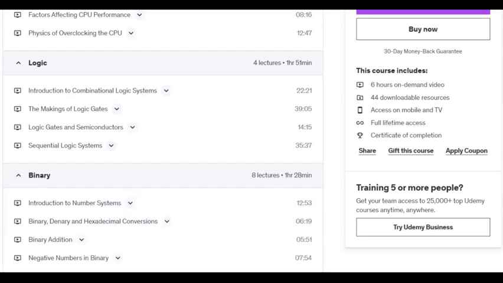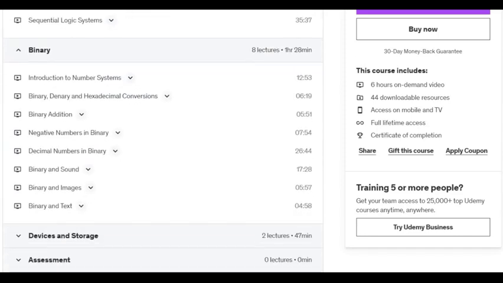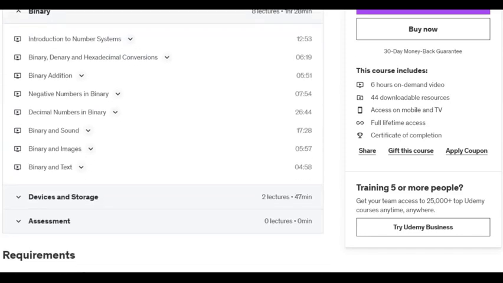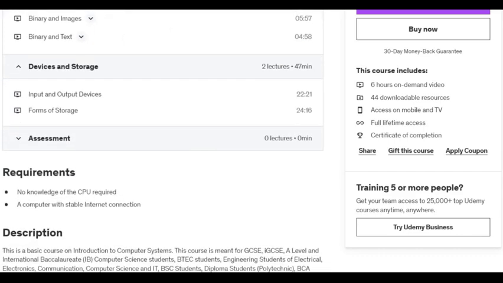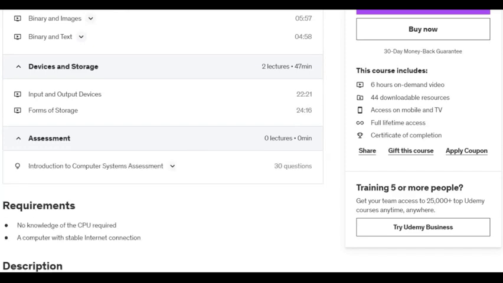Then I go into all things binary, where we introduce you to number systems, all the way down to doing binary and sound, images, and text. And then finally we've got input and output devices and the different forms of storage, so that's where memory will come in. And then my assessment is basically one big quiz of 30 questions.